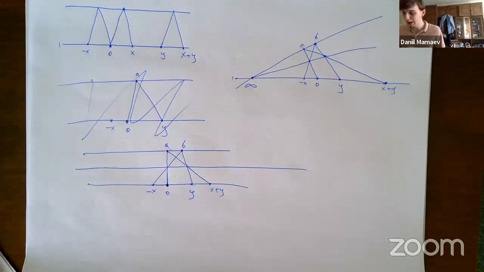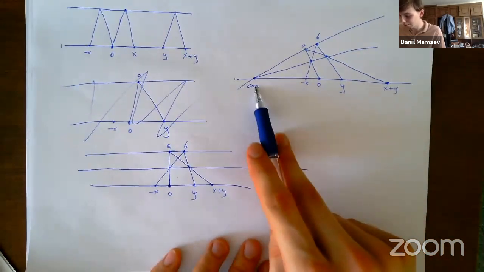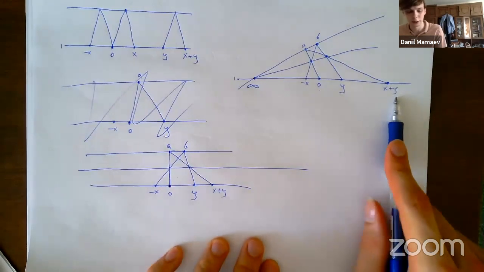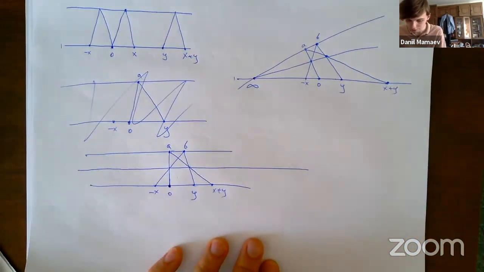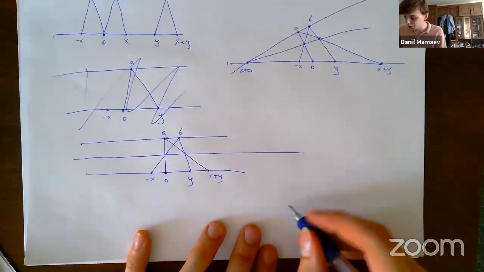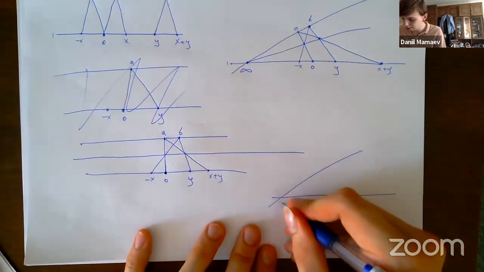What were the relations we needed? Well, we needed minus x, y, 0, infinity and x plus y. And we needed a relation for opposite numbers.